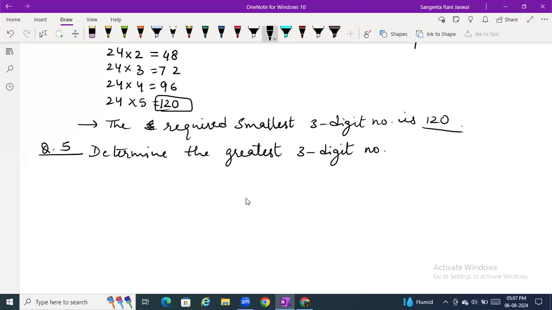The greatest three-digit number exactly divisible by 8, 10, and 12. So you have to determine the greatest three-digit number which is exactly divisible by 8, 10, and 12. Okay, on the same lines you have to do this.